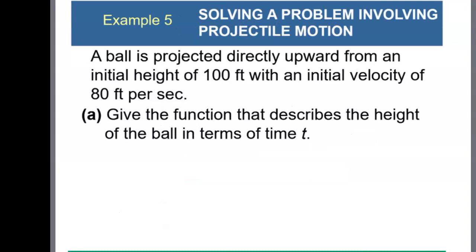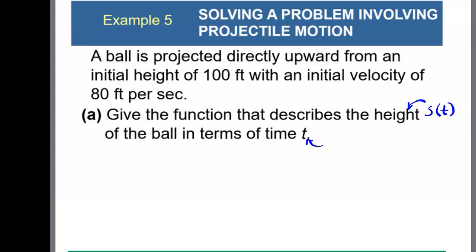Let's say a ball is projected directly upward from an initial height of 100 feet with an initial velocity of 80 feet per second. We want to write a function that describes the height in terms of t. So remember, the height is s of t. t is my time, so that's my independent variable.